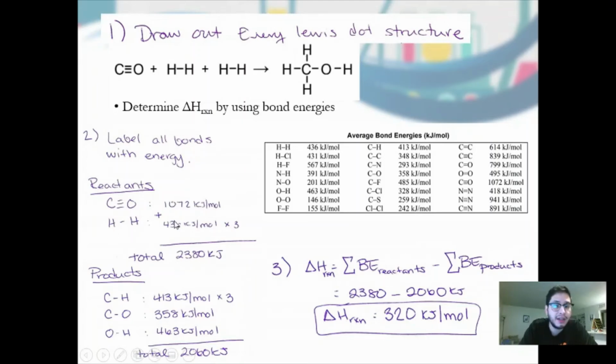Instead of 436 times 3, it's supposed to be times 2. And so this total reactant energy is also slightly different. So make sure that you catch my mistake. On the second example, I promise I am not messing up.